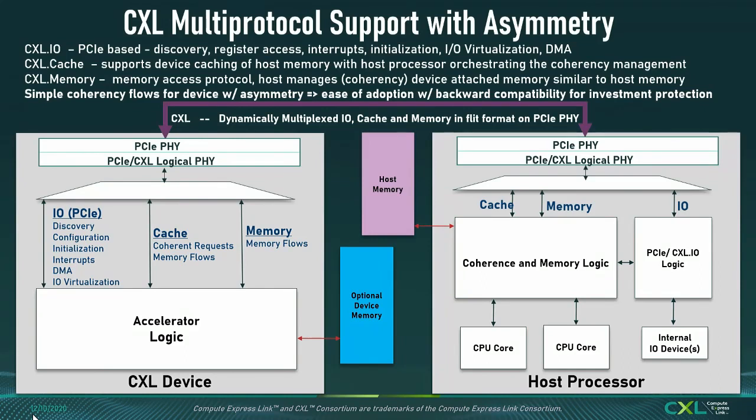Let's look into each of these components and see why that is the case. If you're looking at the host processor, it can be multiple processors connected to locally attached DRAM memory. The host processor has a mechanism to orchestrate cache coherency between multiple caching agents, known as home agent functionality.